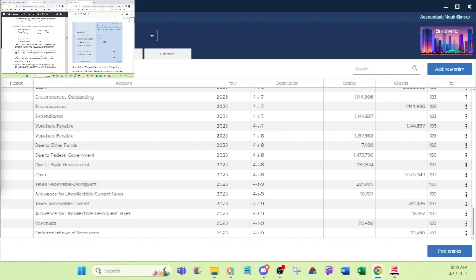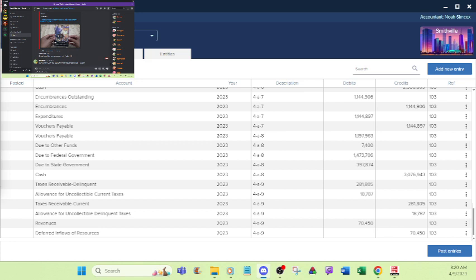So we're going to decrease revenues by 4,500 and increase appropriations by 4,500. So therefore, I hate this. I hate this.